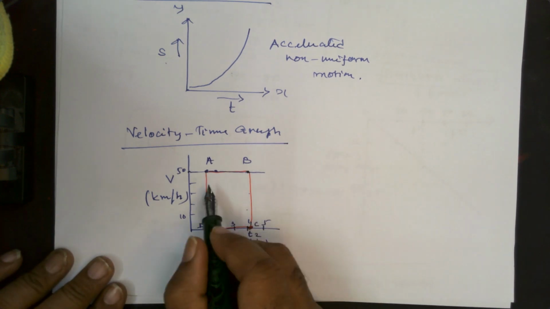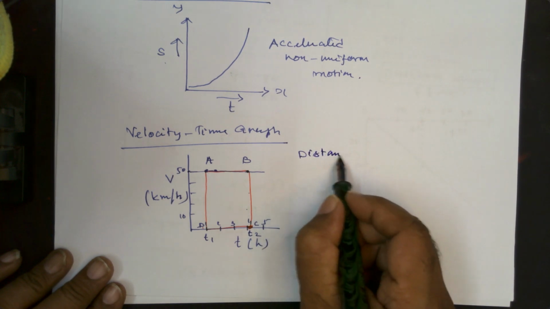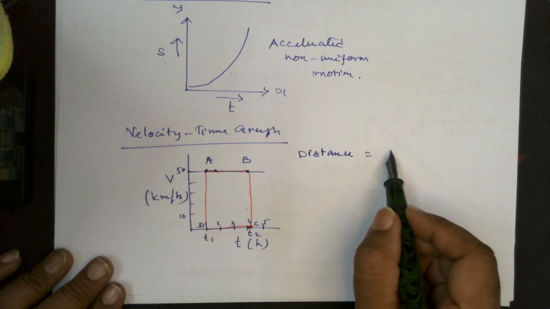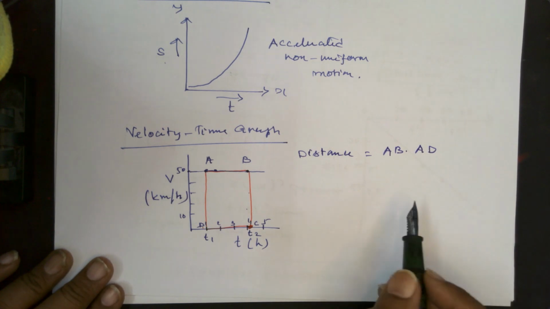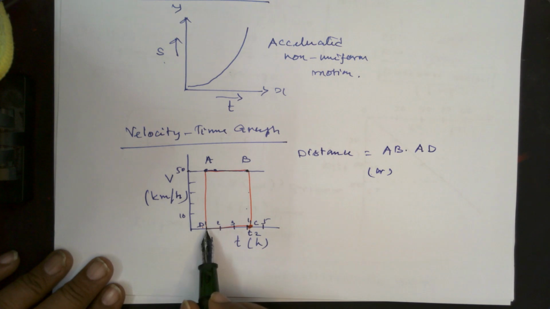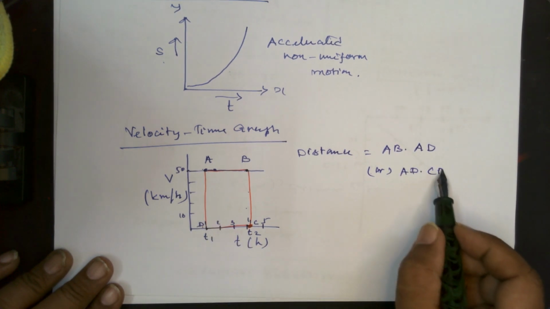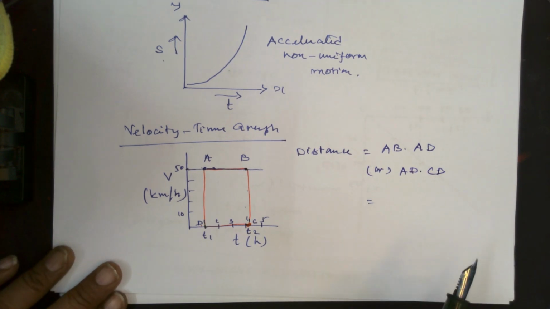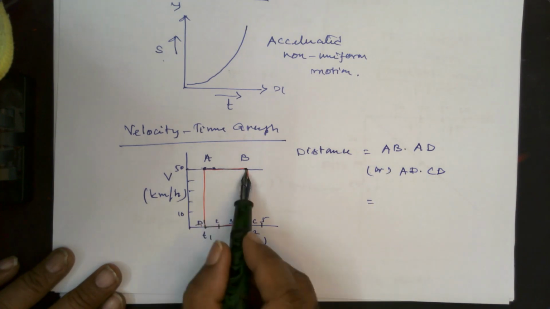How? Take down distance moved by the car is equal to AB into AD, or AD into CD, either way you can say. Okay. So what about AB? AB means AB. This is 50 kilometer per hour.